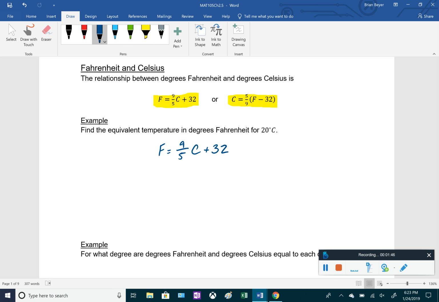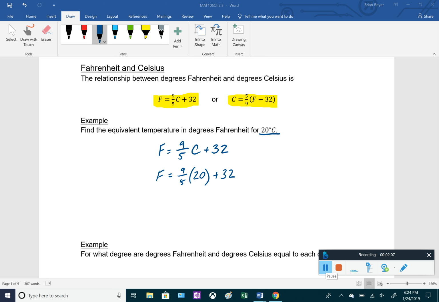We know that we have 20 degrees Celsius, so I'm going to plug that into C. I'm going to ignore the degree sign just for the sake of plugging it in. I'll bring it back after. So 9/5 times 20 plus 32.